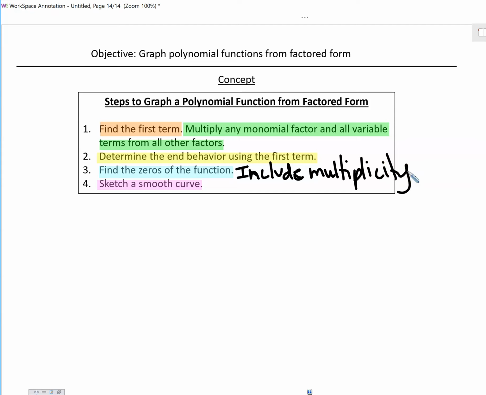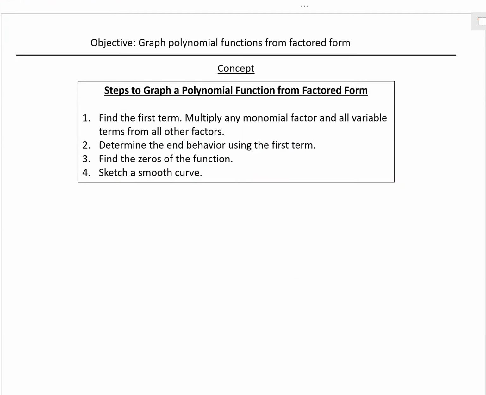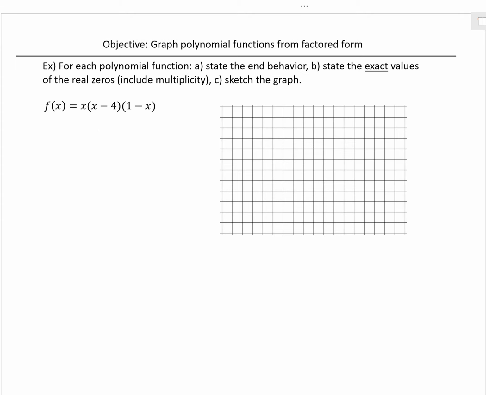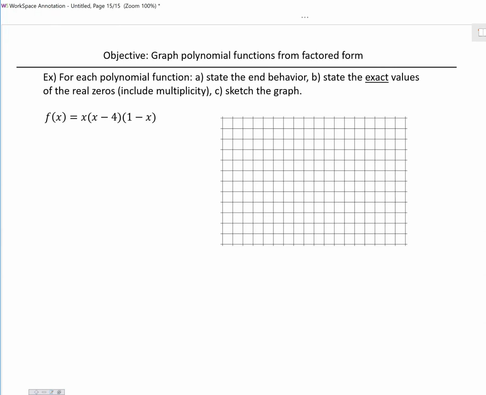All right, let's take a look at a problem. It says for each function, we have a few parts. We want to state the end behavior, so that means to very clearly write it out using our proper notation. We're to state the exact values of real zeros.